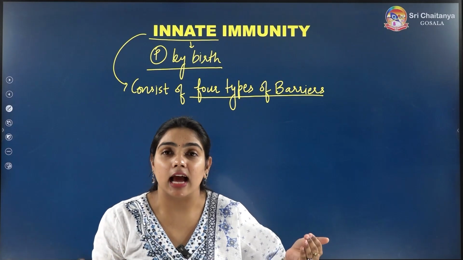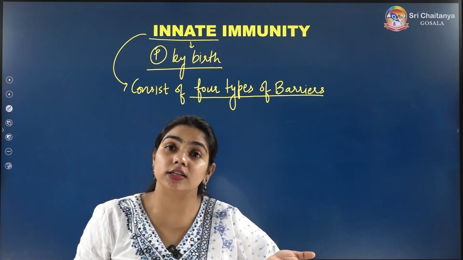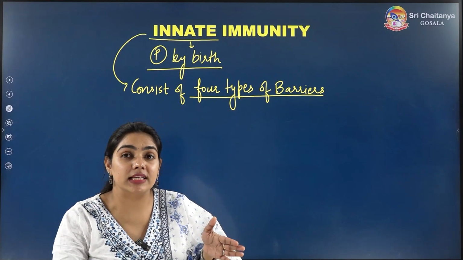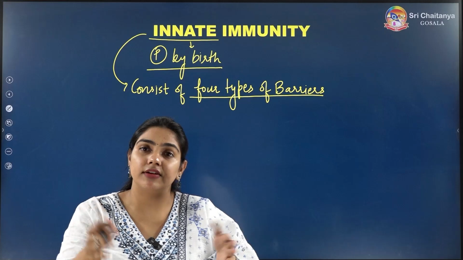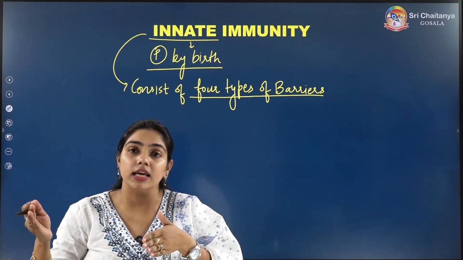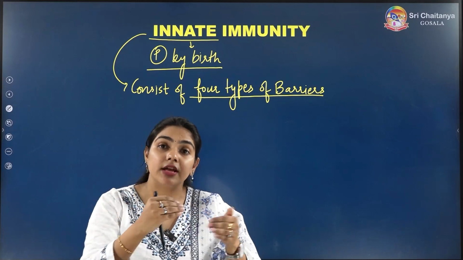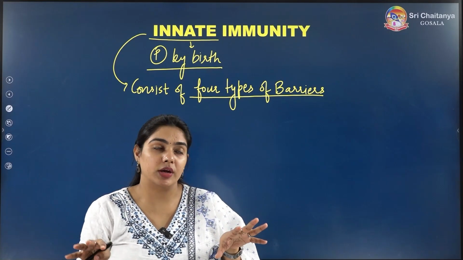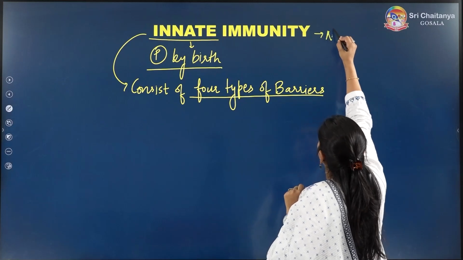Just like that, this innate immunity is not specific. It is non-specific. Non-specific means it's the same for everybody. I have it, you have it, everybody has the same immunity, and for every pathogen it's the same. So innate immunity is a non-specific type of defense.